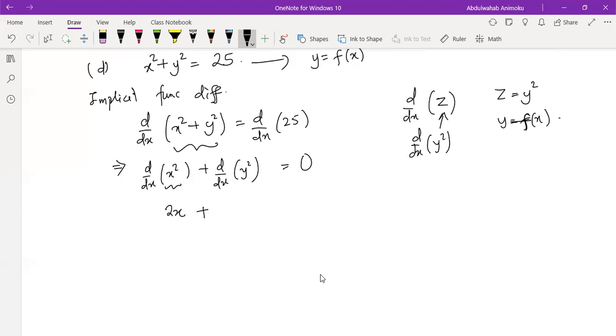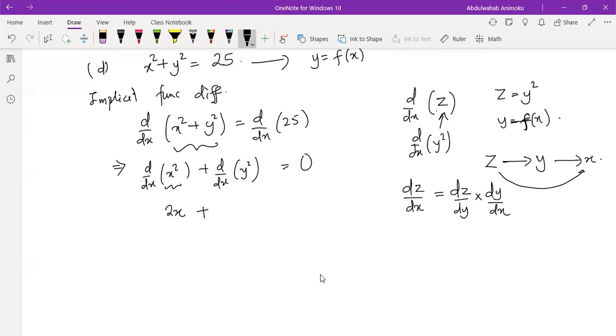Now, the derivative of this function with respect to z is, for us to get to x, we have to go through y, and then from y to x, right? Think about it that way. Now, so d dx of z is the same as dz dx, right? And that will have to be dz dy multiplied by dy dx, which is the chain rule.